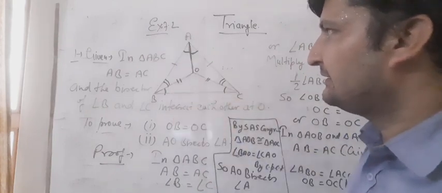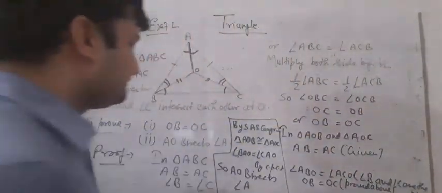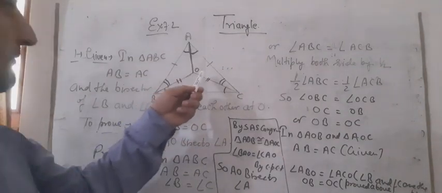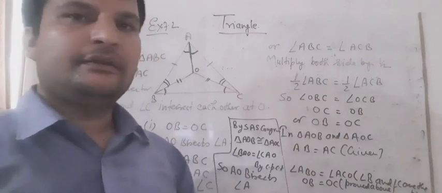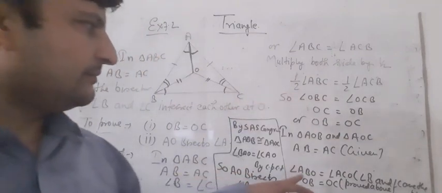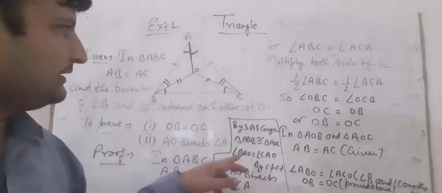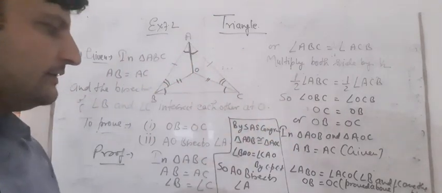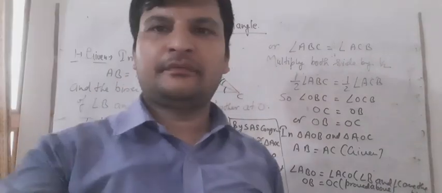After this, when we have proved that this is equal to this, taking triangle AOB and triangle AOC, we have proved it using SAS congruency, and then we found that this angle is equal to this angle by CPCT. It means AO is the bisector of angle A. So students, note it down properly.